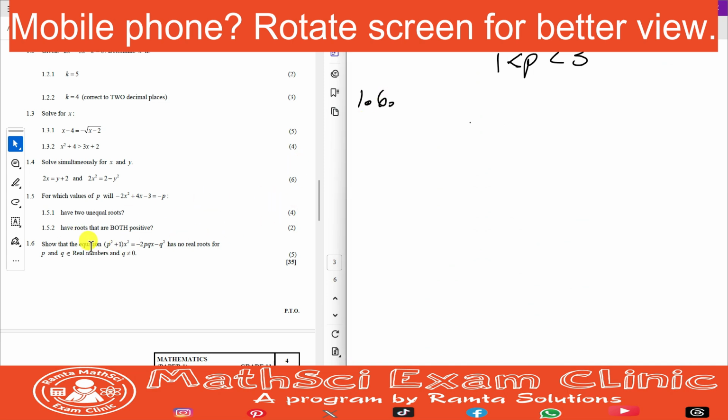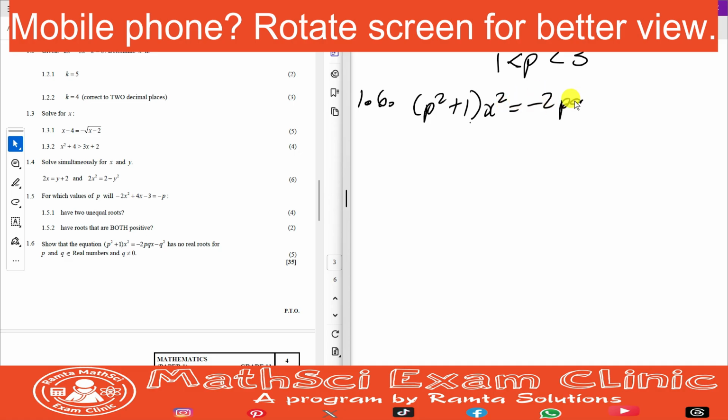1.6, show that this equation, (p squared plus 1) multiplied by x squared equals negative 2pqx minus q squared, has no real roots for p and q when q is an element of real numbers and q is not equal to 0. So here we must determine the value of the discriminant.